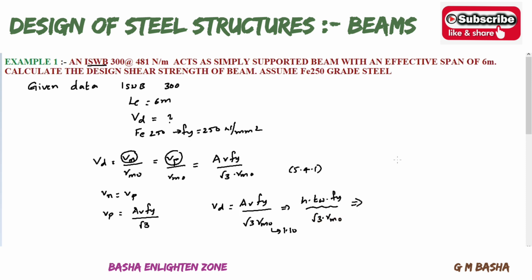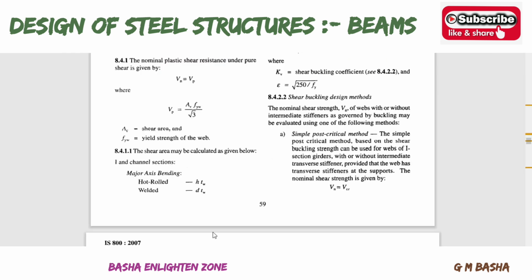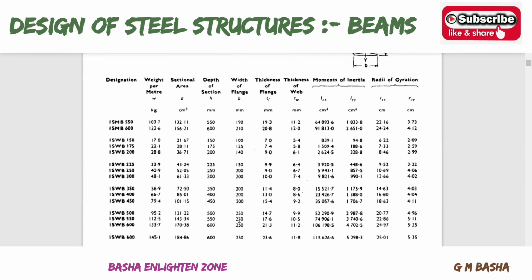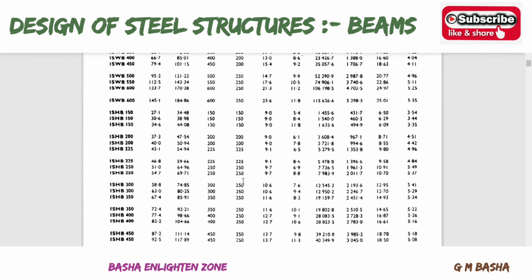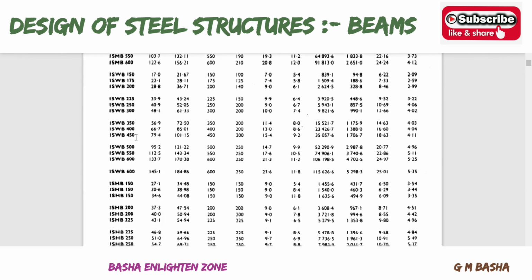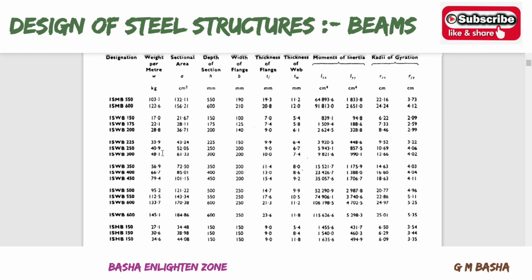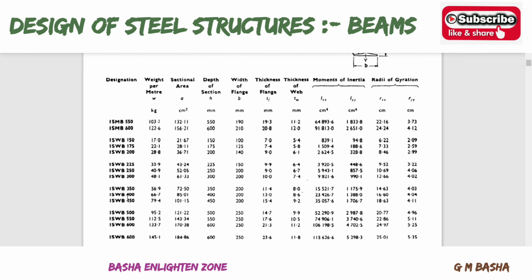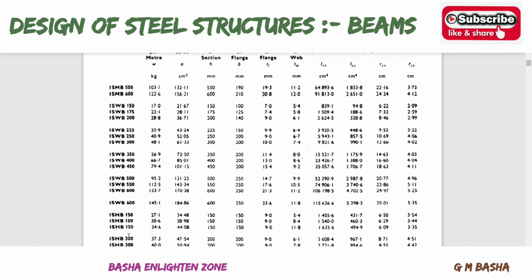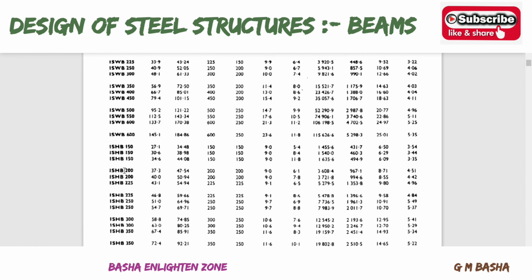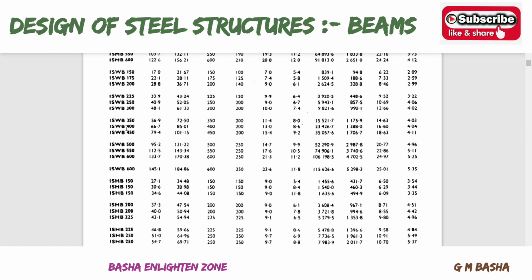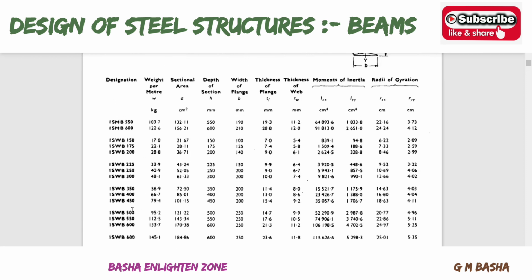Next, see the properties in the steel table. What are the properties given? In page number 4 of the steel table, ISWB 300, sorry, 300, ISWB 300 will be here.